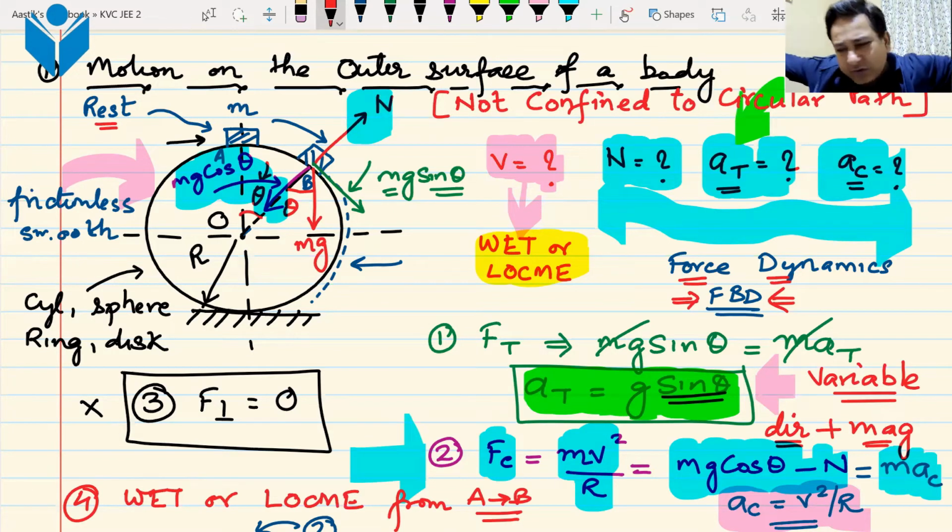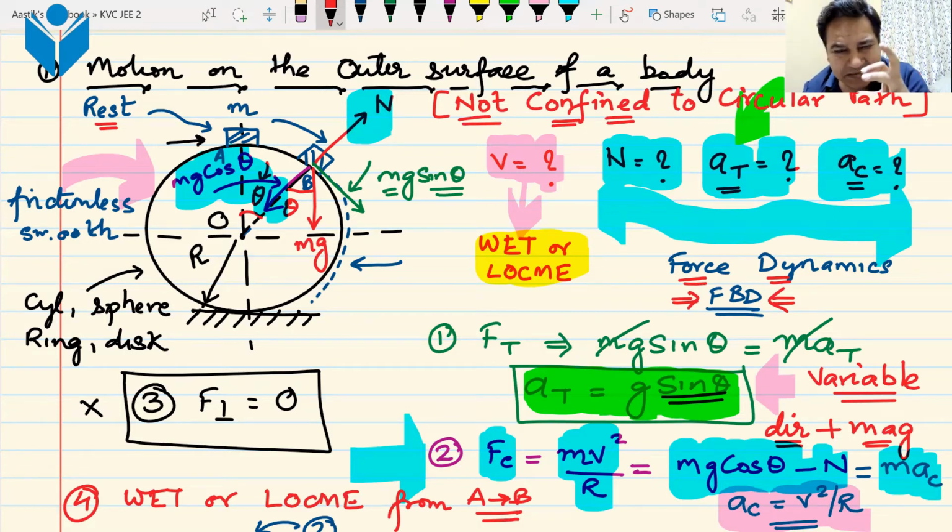No one is forcing it to follow this circular path. So such type of motion is known as circular motion which is not confined. In other words, this is motion on the outer surface of a body, not confined to a circular path. That means it can leave the circular path. It is free to leave.